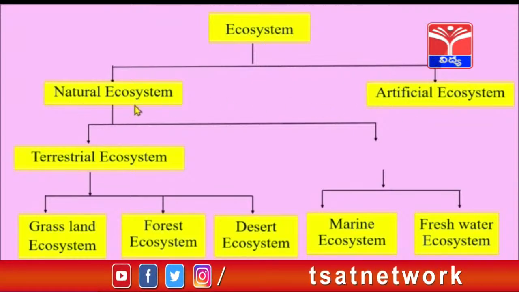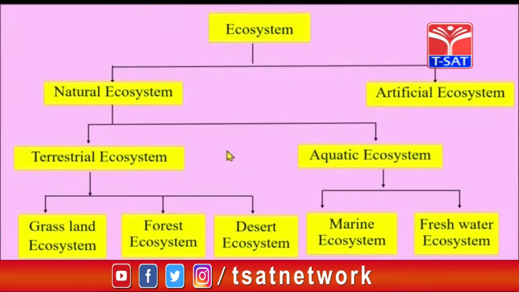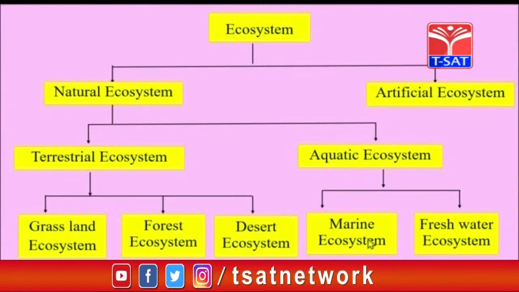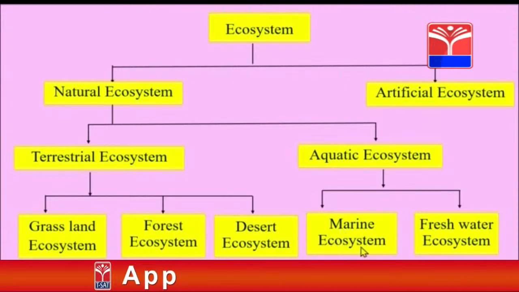Whereas a natural ecosystem is classified into two groups, that is terrestrial ecosystem and aquatic ecosystem. Terrestrial ecosystem consists of grassland ecosystem, forest ecosystem and desert ecosystem, whereas aquatic ecosystem is of two types: marine ecosystem, that is sea and oceans; and freshwater ecosystem, that is rivers, ponds, lakes, etc.